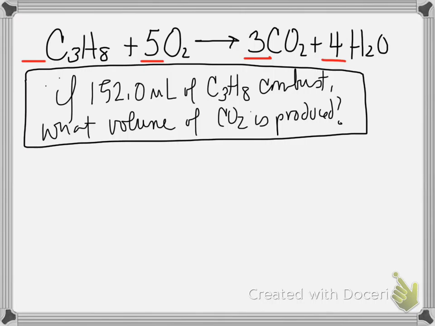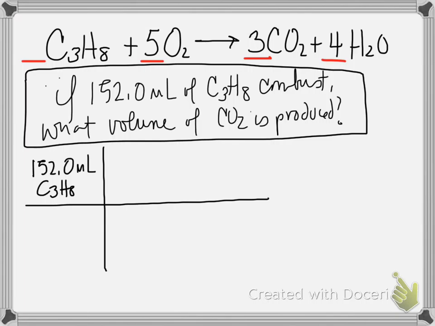So when we set up our factor label, it's so stinking easy. We always start with what? Given. So we start with our given, and now we know that we have a volume of C3H8 to cancel. We want to end up in a volume of CO2.